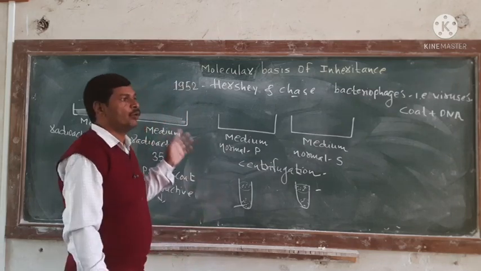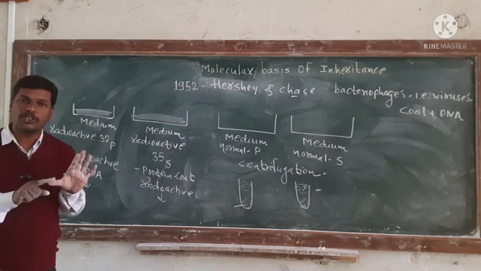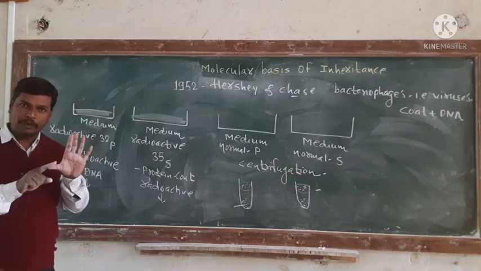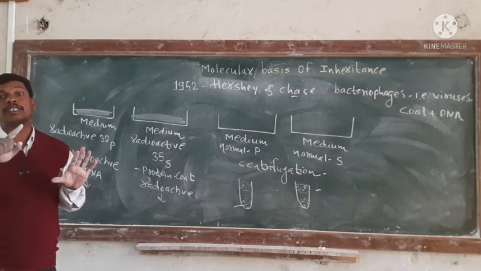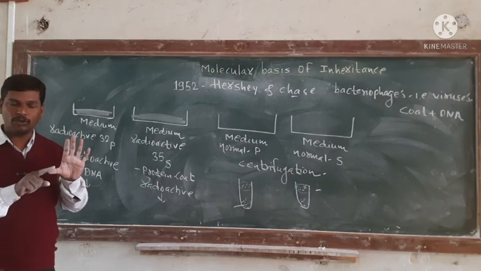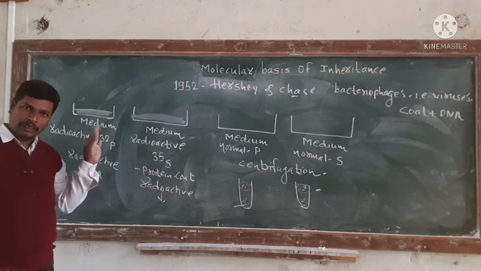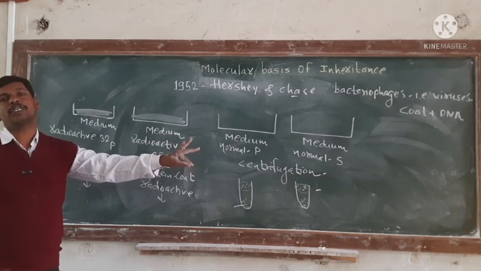In this way, with the help of three different experiments: the first experiment, performed by Griffith in 1928, showed something responsible, that is the transforming principle. In the second, they concluded that DNA is responsible for the genetic material.